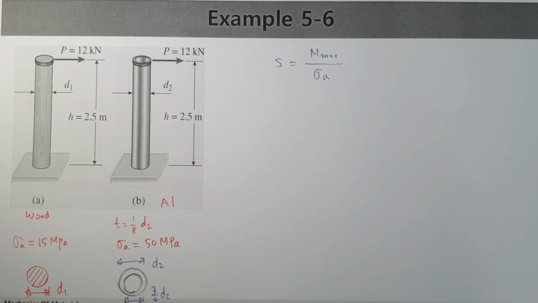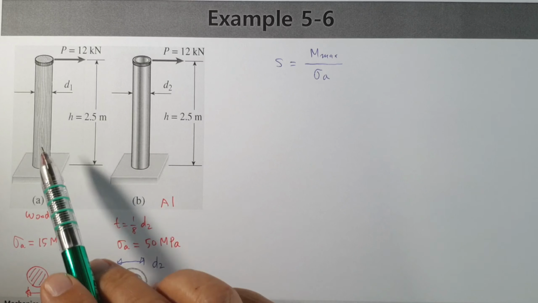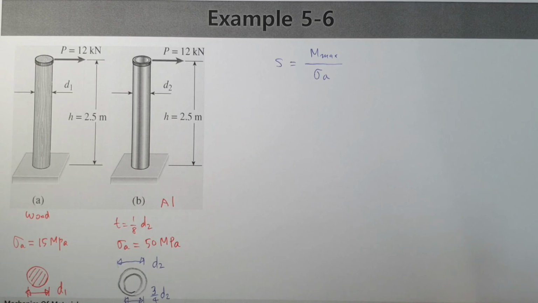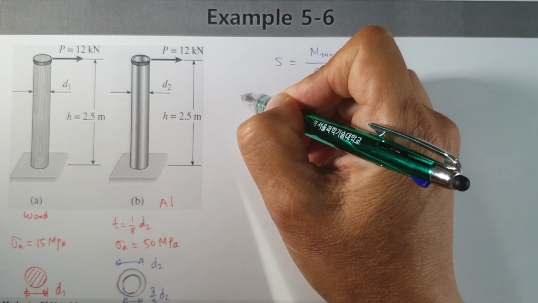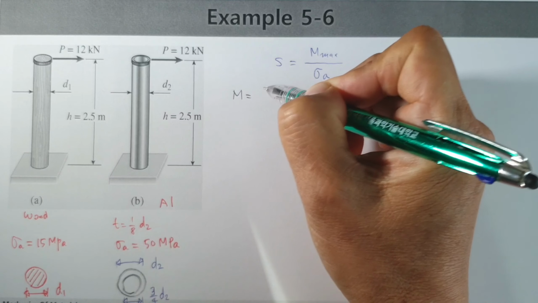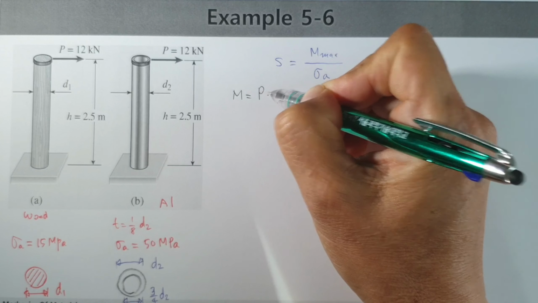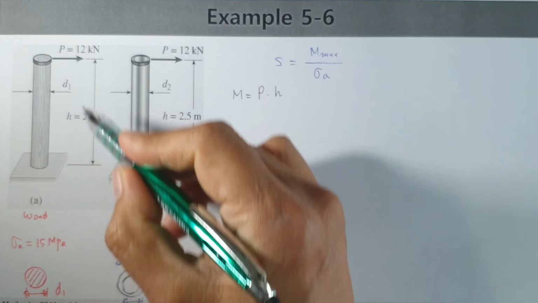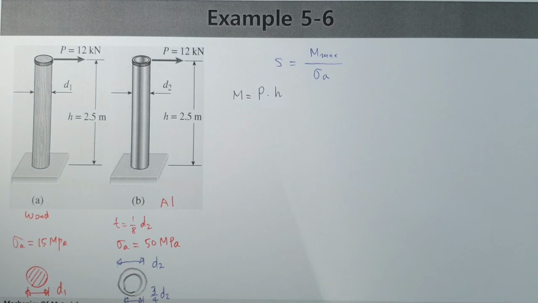In the wood case, we have maximum bending moment equals P multiplied by H. That's the maximum bending moment.